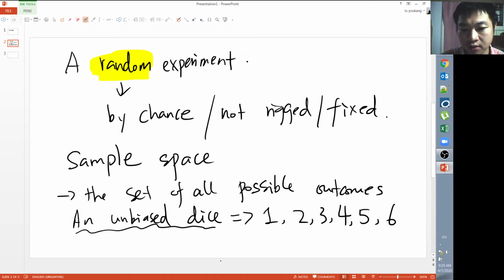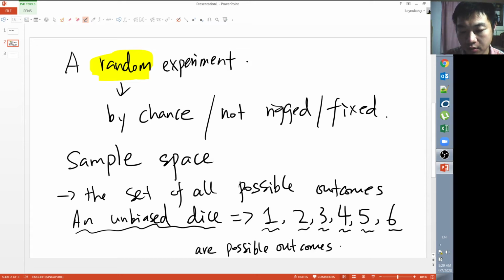All these 1, 2, 3, 4, 5, 6 are possible outcomes of a dice. Right? So I hope you know the meaning of outcomes and sample space.